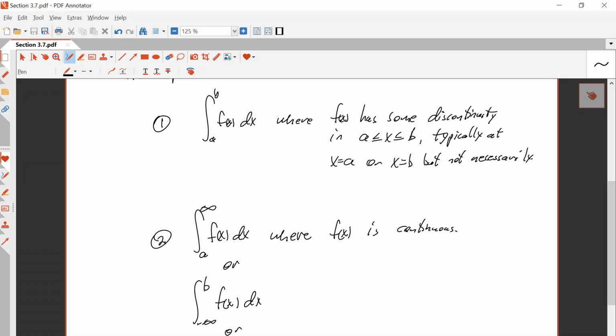Because of the definition of the integral and the fundamental theorem of calculus, as we know it. There are more general fundamental theorem type things. But the definition of the integral requires a finite interval, because you always have this delta x equals b minus a over n.